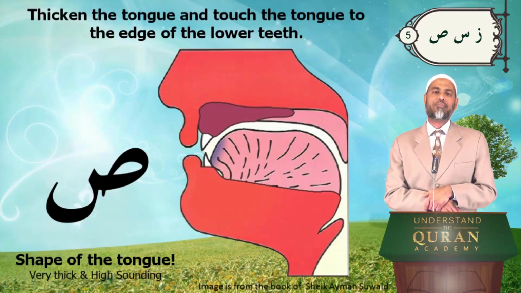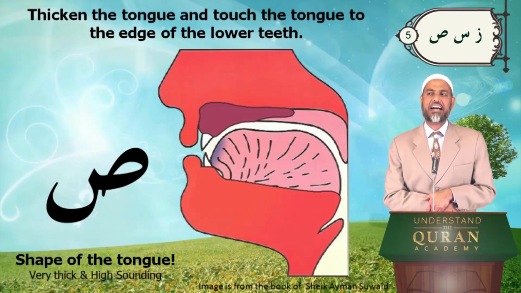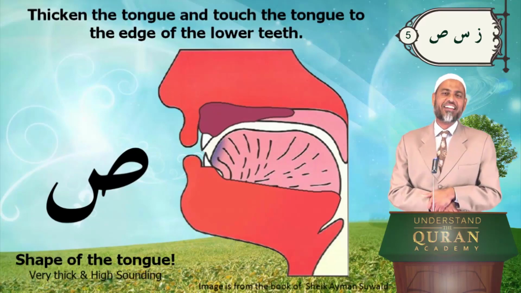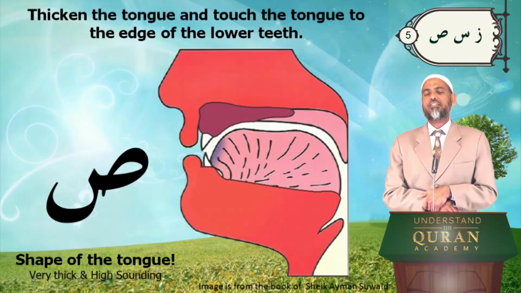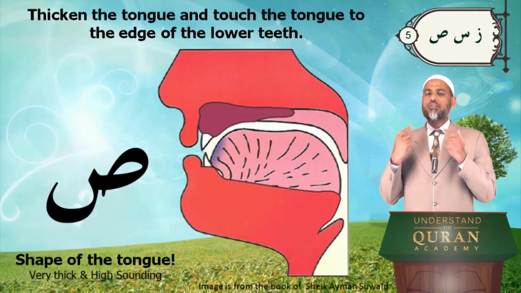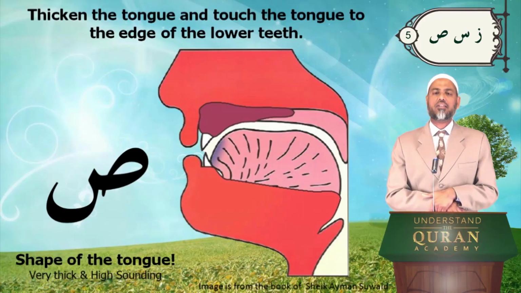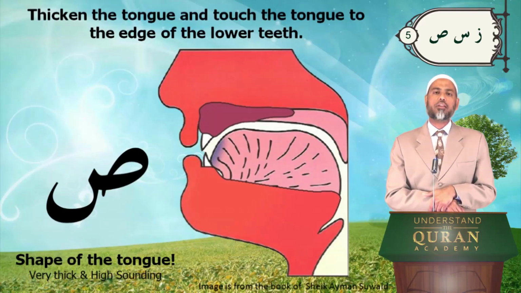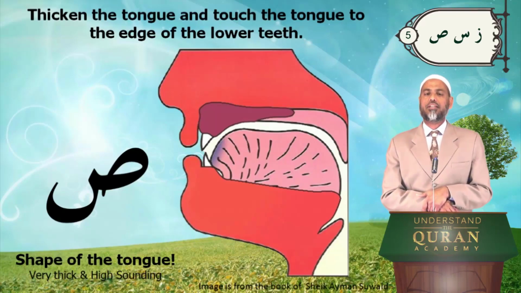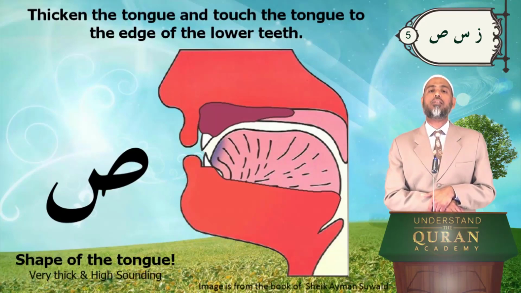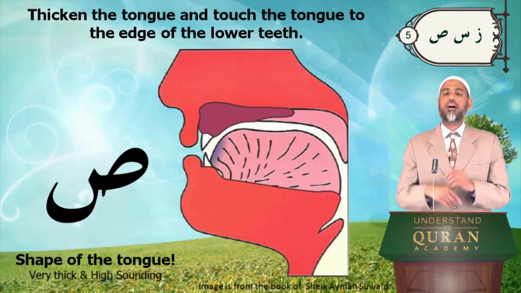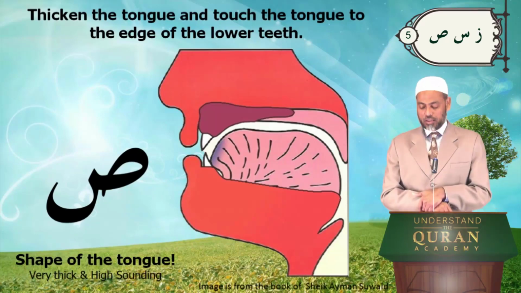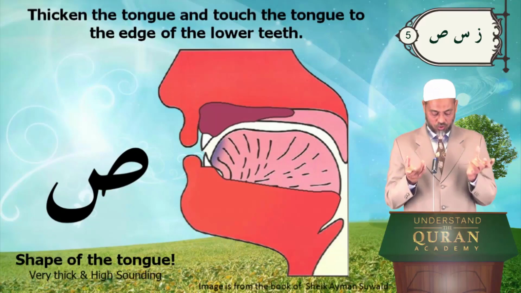You don't say it that way here. You just make your tongue thick, Sod. Don't say swad. It's Sod. Make your tongue thick, not your face round or lips round.